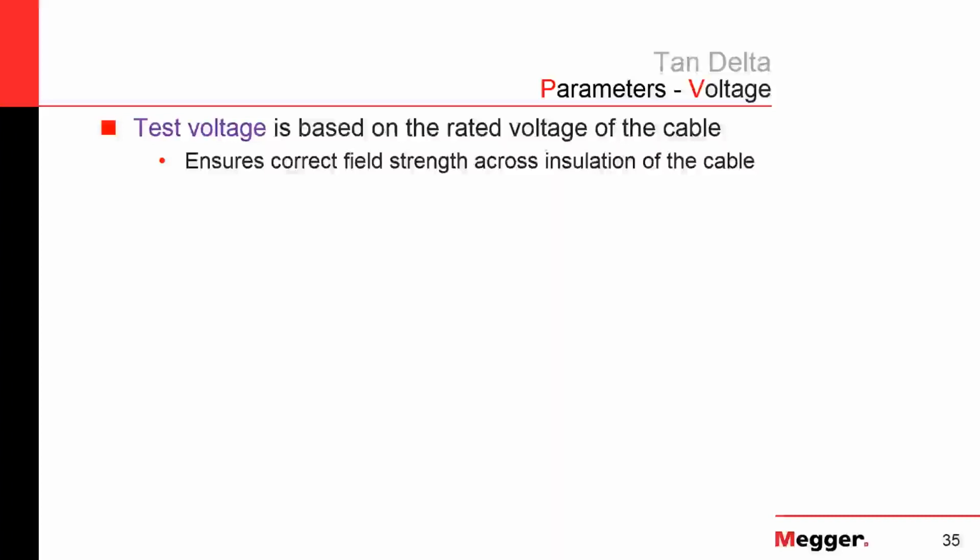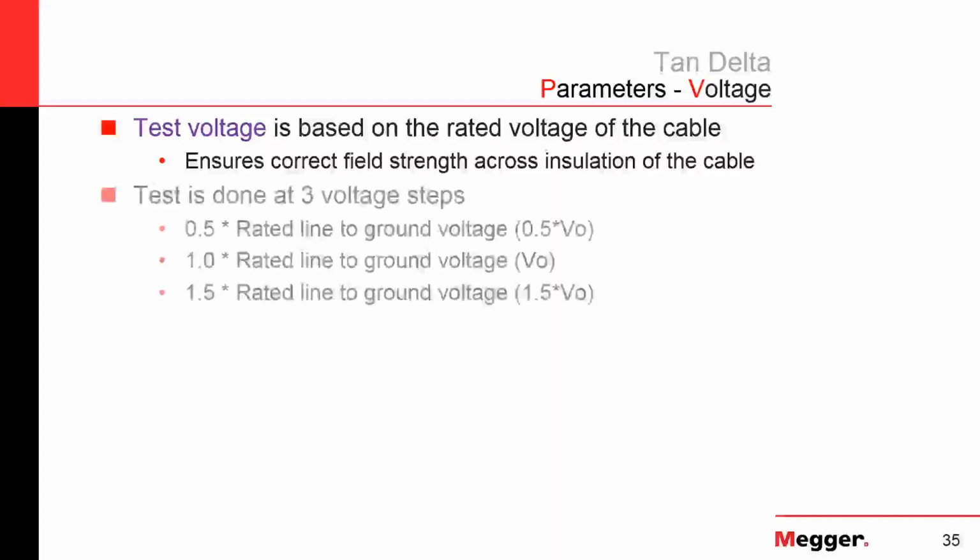However, a lot of people have 25 kV class cables, but operate a 13.2 system, and that's a much bigger difference. If we wanted to test at the rated voltage of the 25 kV cable, it would be an excessive voltage. In a case like that, I would suggest going with the system voltage for your testing. But ultimately, they're your cables. They belong to you. That's something you'll have to have a discussion about internally. We can help you with that, but that's my recommendation.